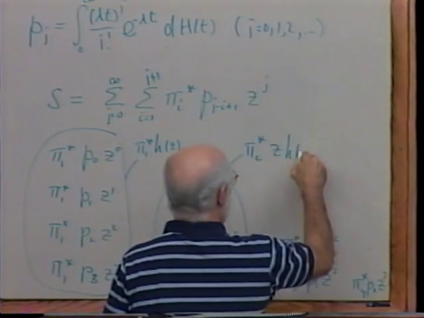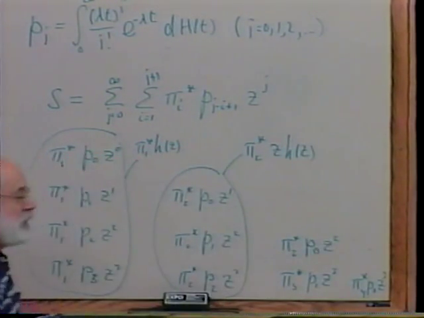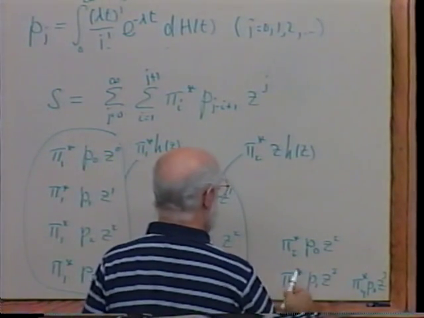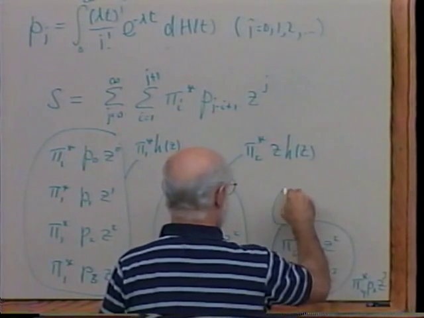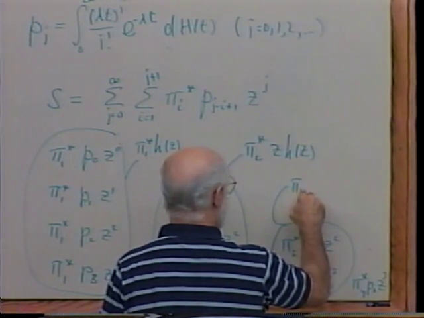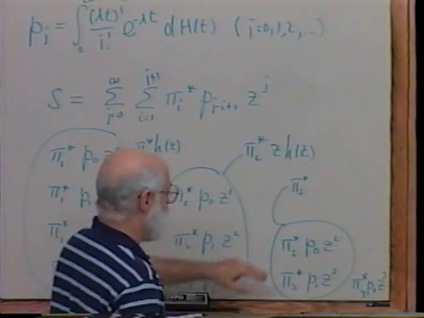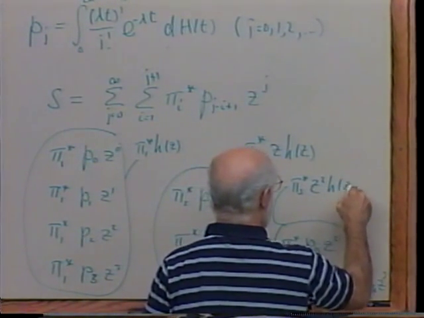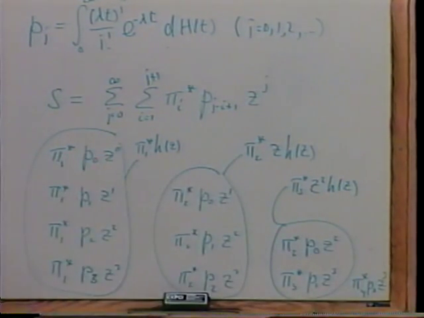That's h of z. And then over here, you can see exactly what's happening. This one is going to give me pi 3 star times z squared h of z, and so on.